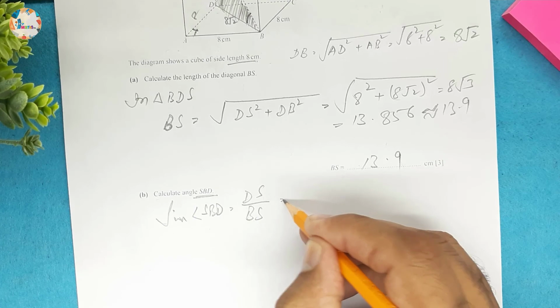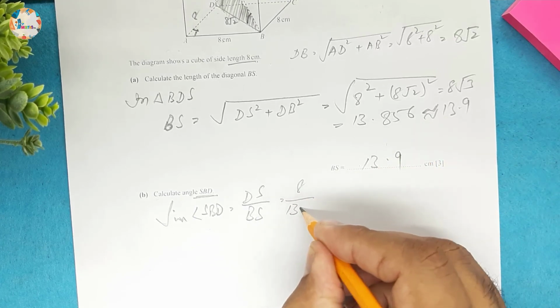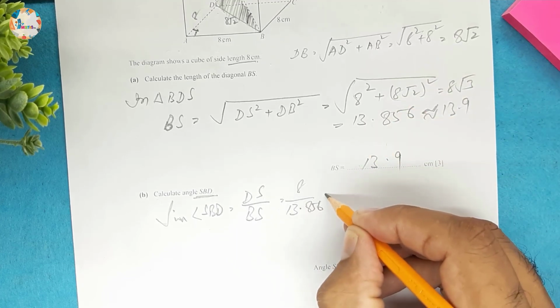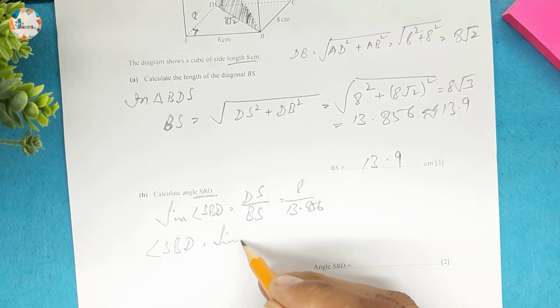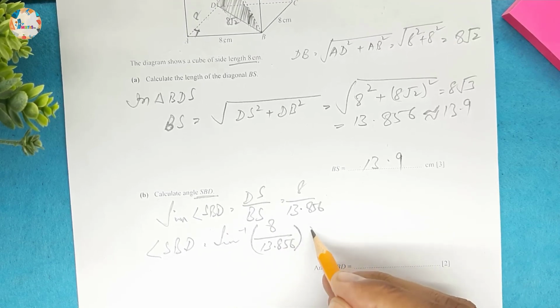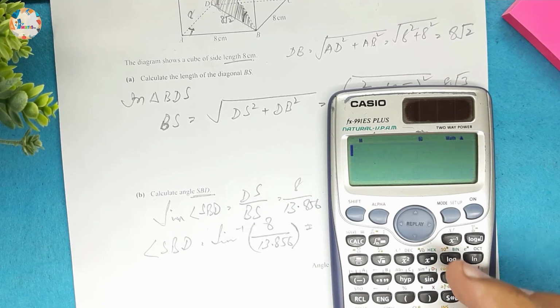DS is 8 over BS is 13.856. I will use this value 13.856, so we can write angle SBD is equal to sine inverse of 8 over 13.856, and we will use the calculator to find it.